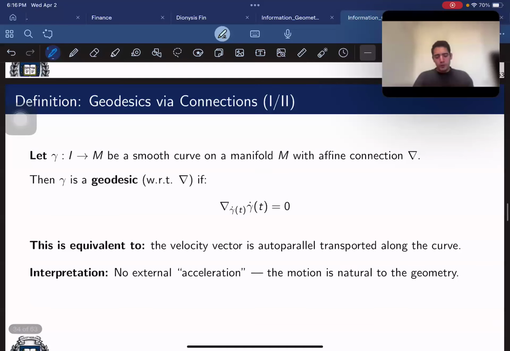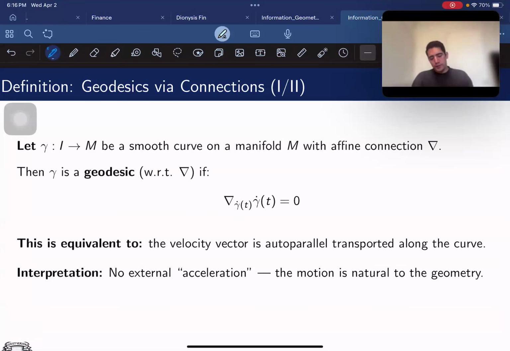If you think a little bit, what you need is that at each point, the tangent vector to your curve does not change as you go alongside the curve itself. So it is this definition that gives you the geodesic definition.